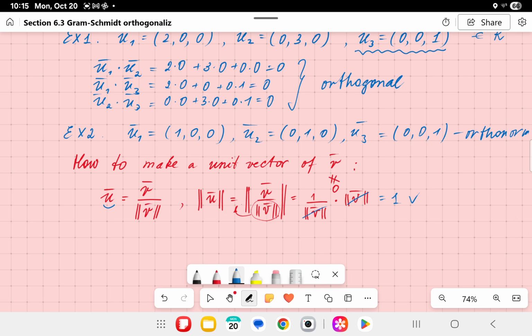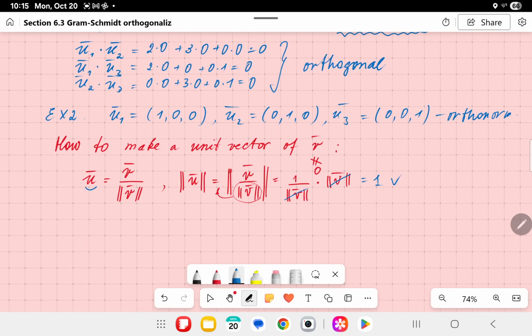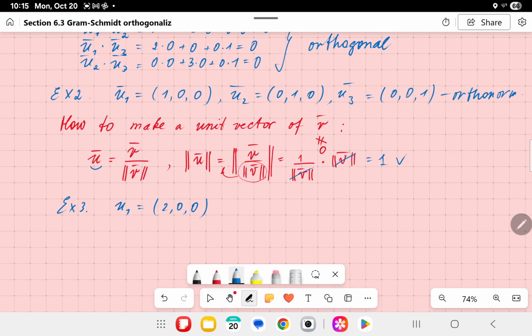For example, if I want to turn vector u1 into a unit vector, I'll need to divide u1 by the norm of u1. What is that going to be? Let's consider example 3. Let's consider u1 equals (2, 0, 0). I know that the unit vector is going to be (1, 0, 0), but if I use the formula, how is it going to work? What is the norm of vector u1?